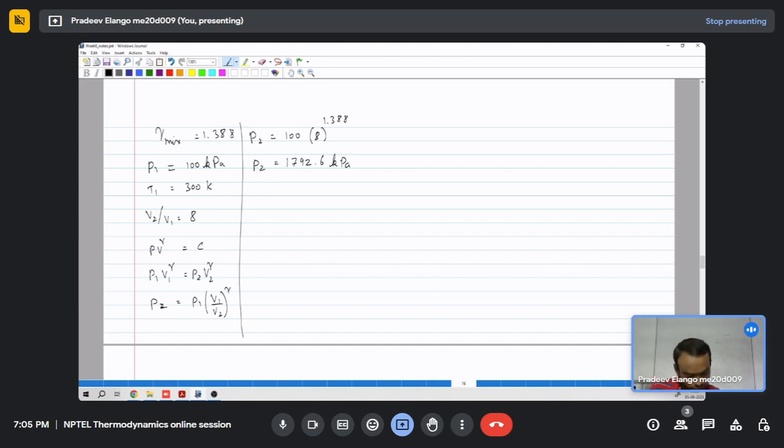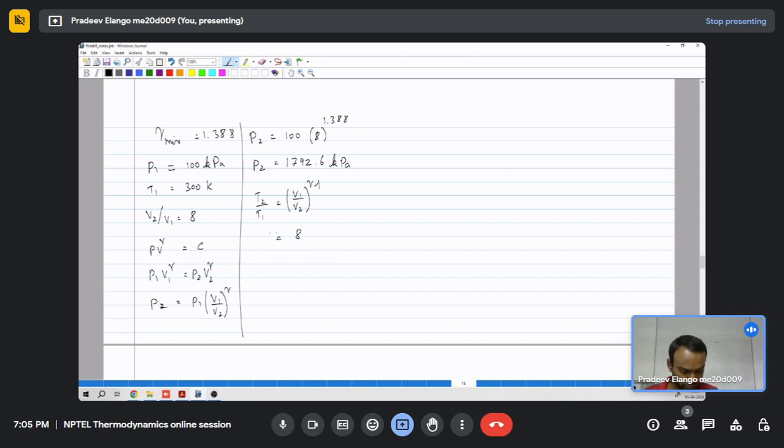Similarly, for the temperature expression, we have T2 by T1 equal to V1 by V2 to the power gamma minus 1.